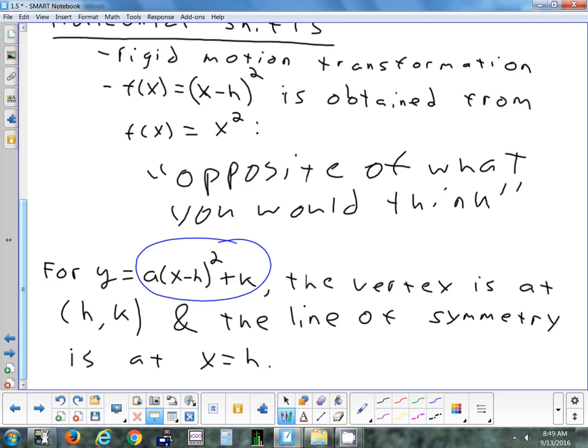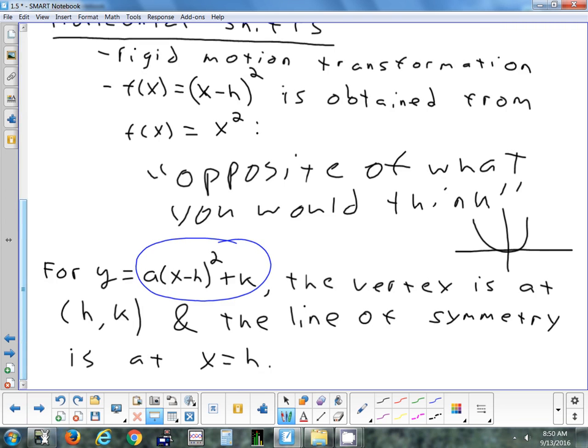All right, so let's see if we can find the vertex and line of symmetry for this equation. y equals x plus 2 squared minus 3. Now, be careful, because I said it had to be written as x minus h. This is x plus 2. So if you want to think of it as a minus, what could you write inside the parentheses there? x minus what number?